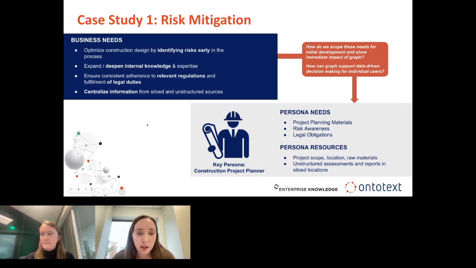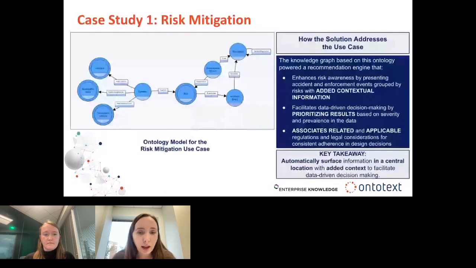So if we go into the next slide, we're going to go into how the graph-powered engine that we ultimately developed would save time for these decisions that they were making. So on the left here is a snippet of the ontology model that we developed.